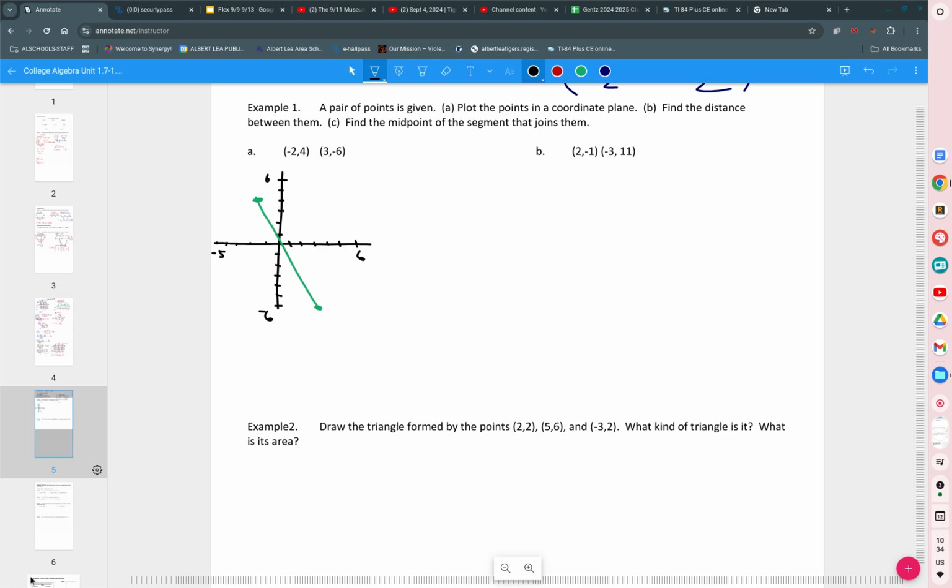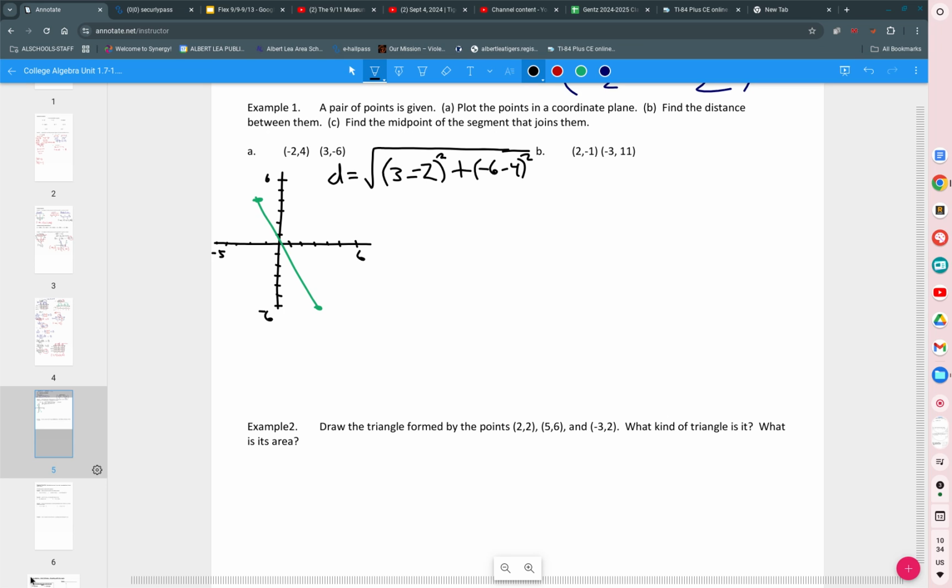All right, let's do the distance formula. Distance is equal to the square root of x sub 2, which is 3, minus x sub 1, which is -2, quantity squared, plus y sub 2 minus y sub 1, quantity squared.